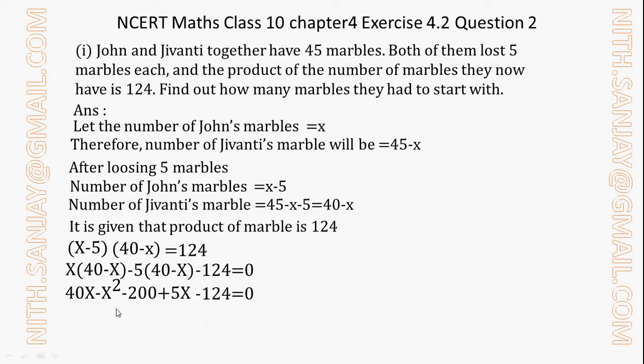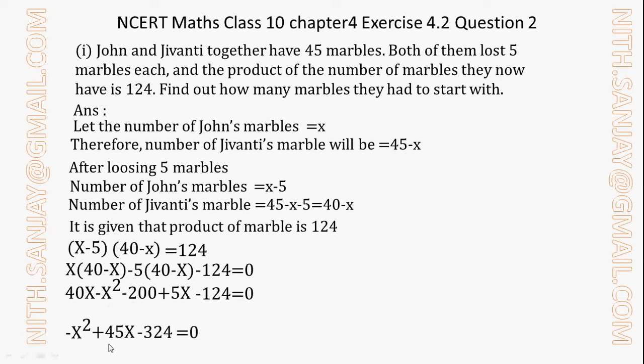Now what I will do is, I will add the terms which have x. So 40x plus 5x is equal to 45x. First of all I will write this x square here. This minus x square I have written here, and minus 200 and minus 124 is minus 324.